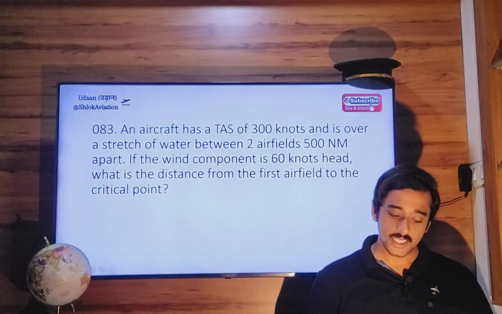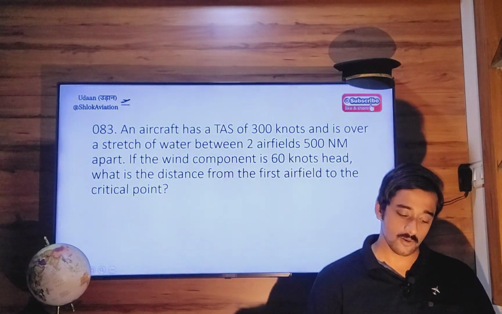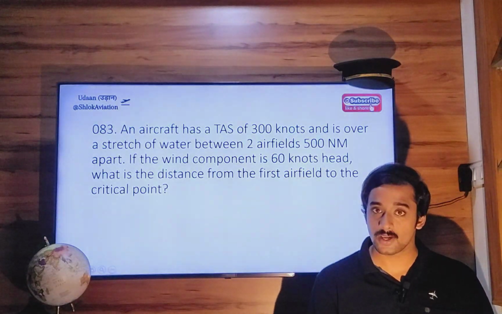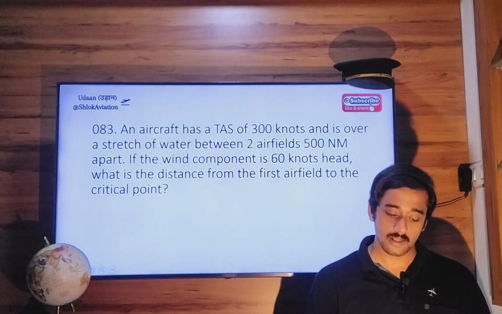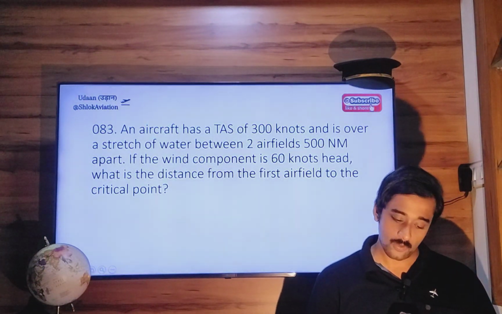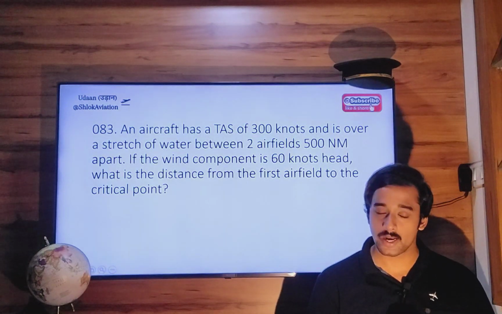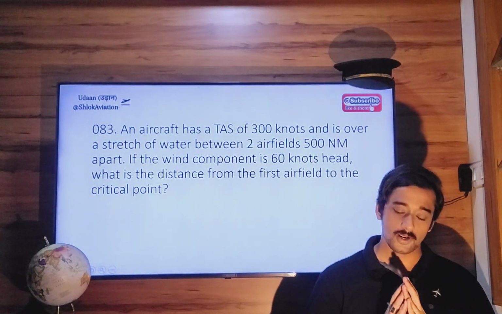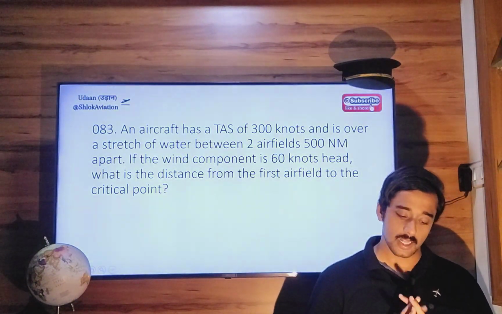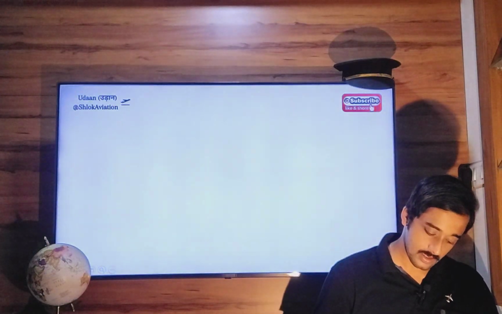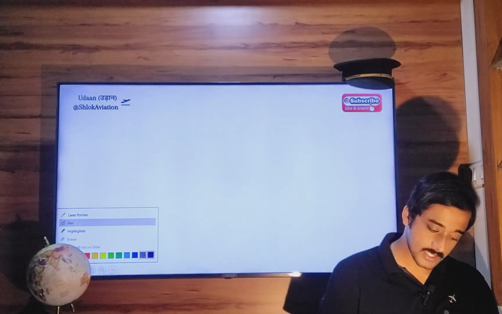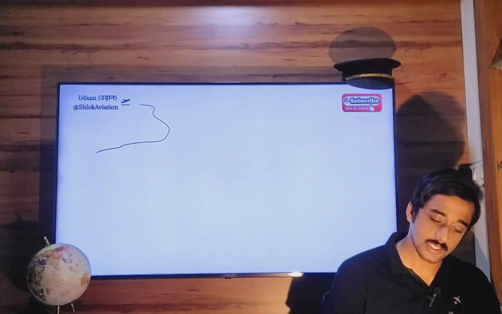An aircraft has a task of 300 knots and is over a stretch of water between two airfields, 500 nautical miles apart. If the wind component is 60 knots headwind, what is the distance from the first airfield to the critical point? So, there is an island here, there is another island here.